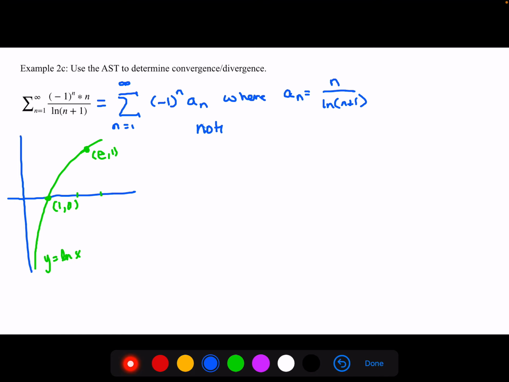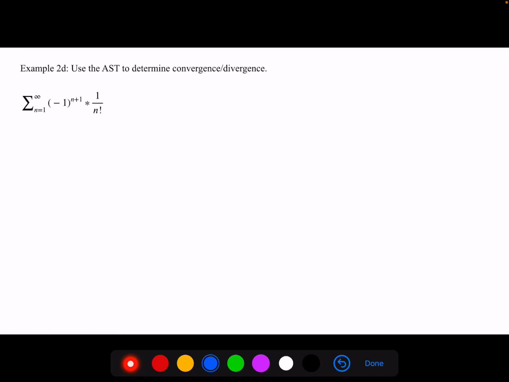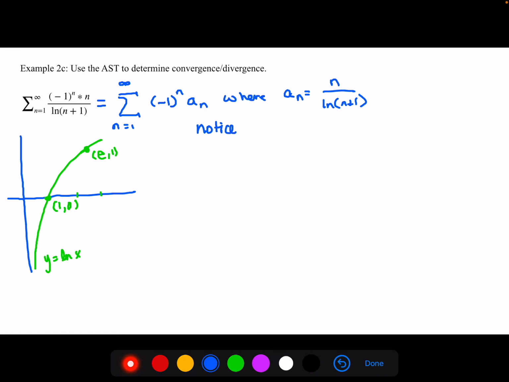Notice for n greater than or equal to 1, the natural log of n plus 1 is greater than or equal to the natural log of 2, because the natural log function is an increasing function, and this is a positive value.